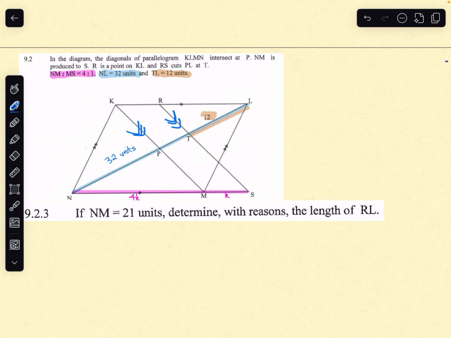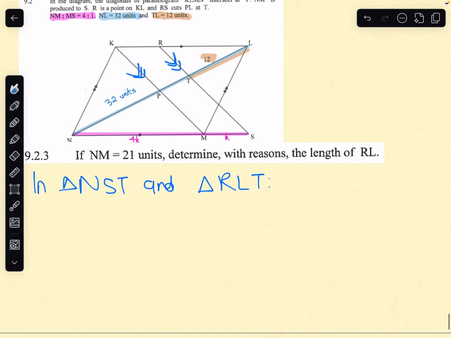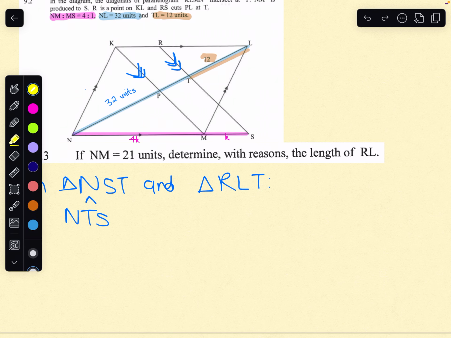Right, so let's prove they're similar first. In triangle NST and triangle RLT, we know that angle NTS, okay, I'll just highlight them as I go. So that guy over there, maybe we'll use a different color. And thickness, guys, thickness.